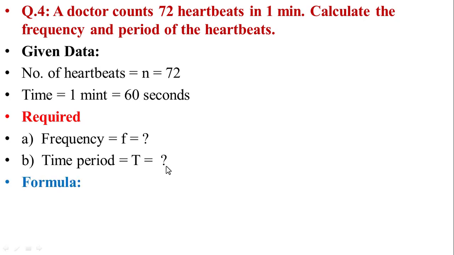So, using the formula, first of all, in part a, f is equal to number of beats divided by time. So, f is equal to n divided by t. And for time period, T is the reciprocal of frequency. So, time period is equal to 1 upon f.